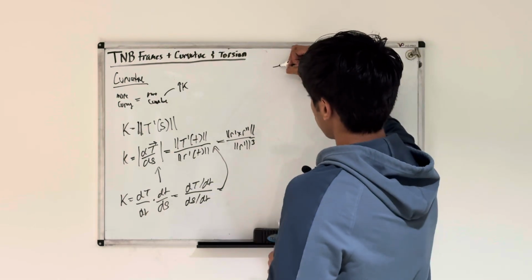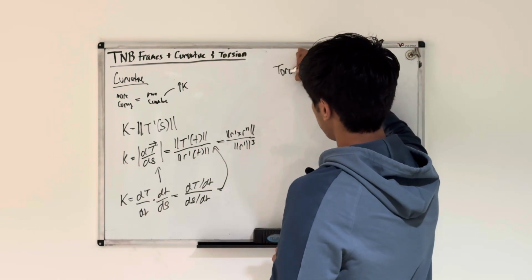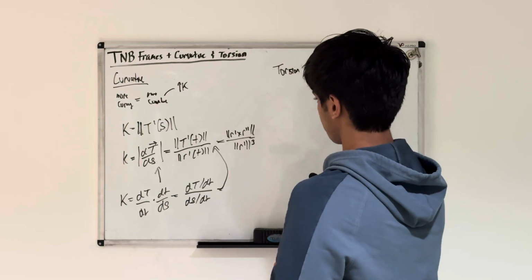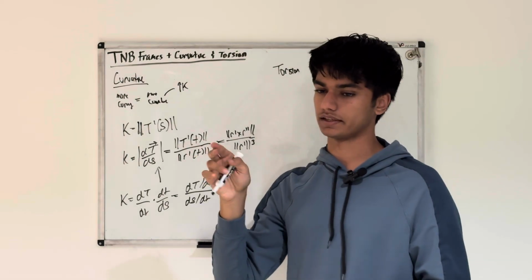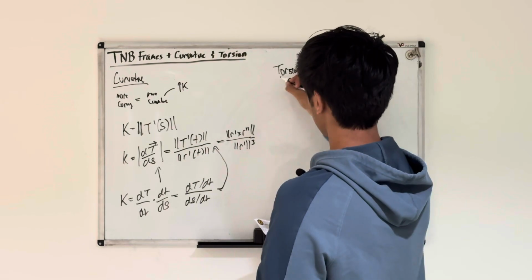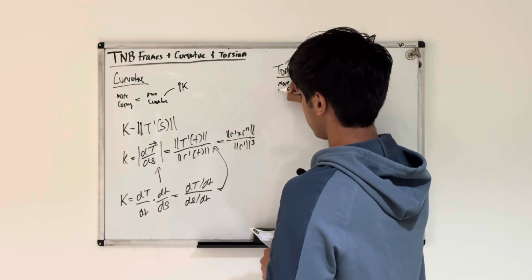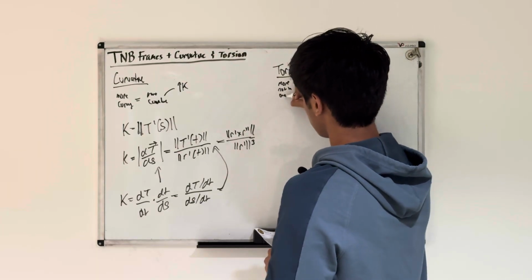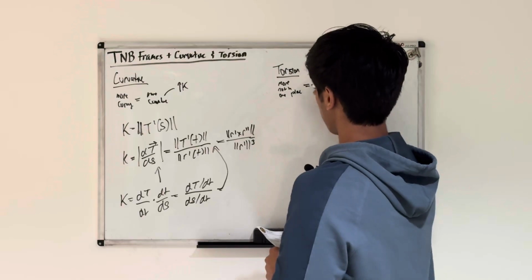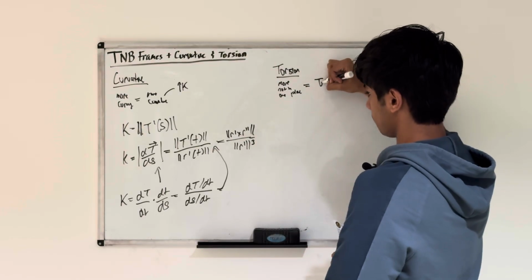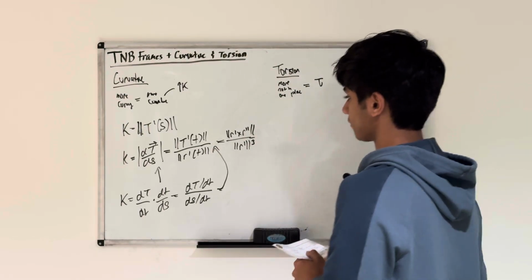And finally, we have torsion, which is pretty similar to curvature. Torsion tells us how much a curve fails to be contained in a plane. So the more it's not in one plane, the more torsion, which we call tau, the symbol for torsion, it has.